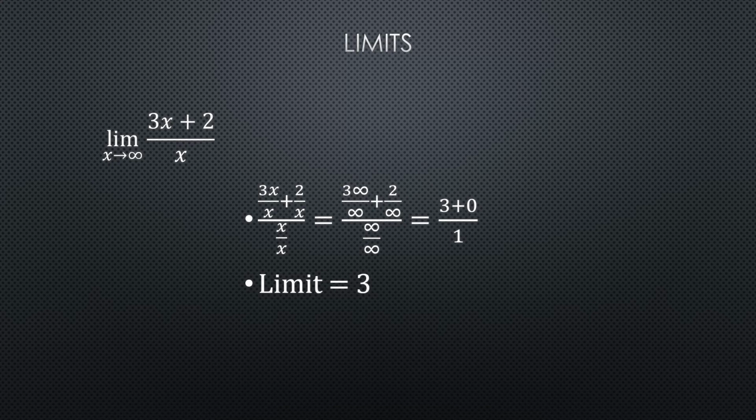Basically anything divided by infinity is infinitely small, approaching 0. And in our denominator, we've got infinity divided by infinity, which gives us 1. So 3 plus 0 divided by 1 is 3.